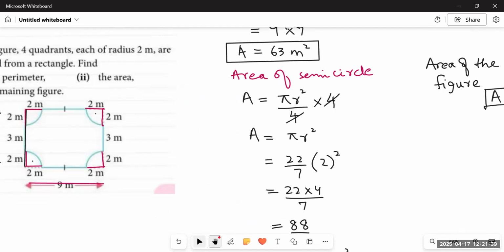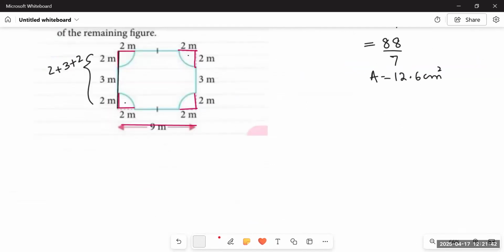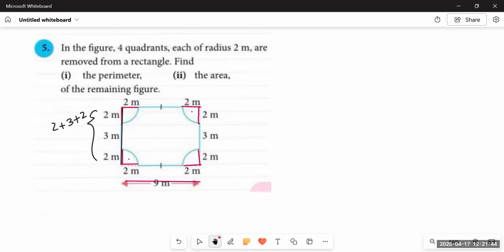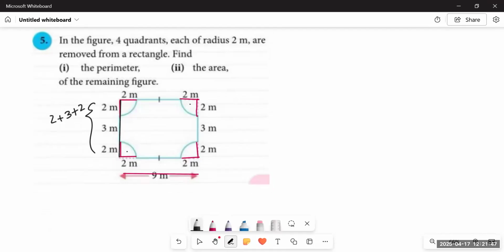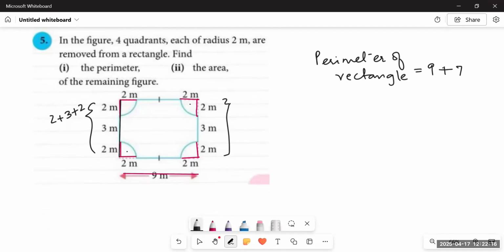So how can we find the perimeter? To find the perimeter, students, what do we have to do? Perimeter is the sum of all sides. If we talk about the rectangle, the perimeter of the rectangle as a whole is equal to 9 plus 9, that is 9 multiplied by 2, or you can simply say 9 plus 7, because the width of this rectangle is 7 and the length is given as 9.